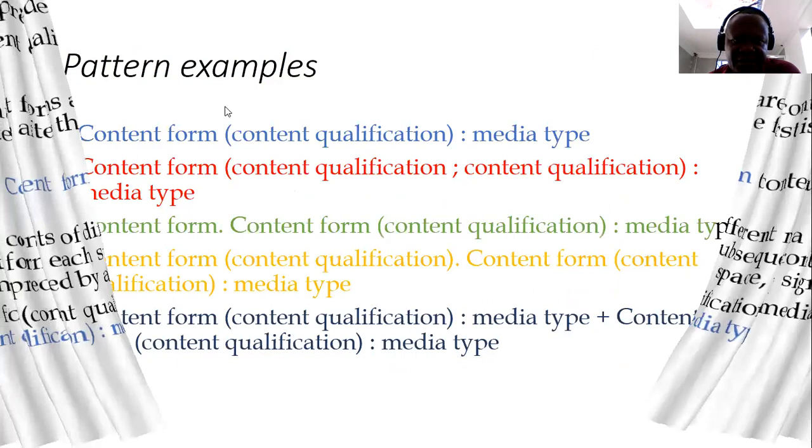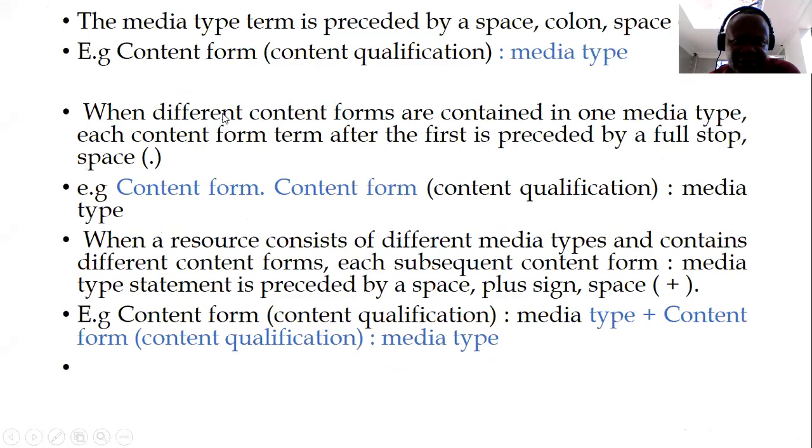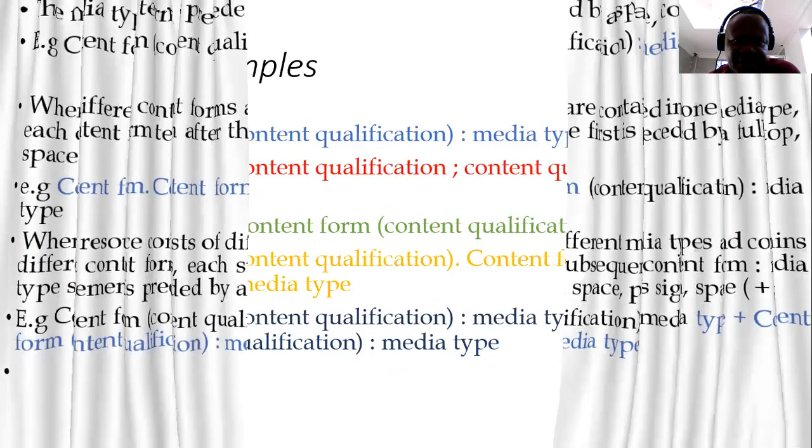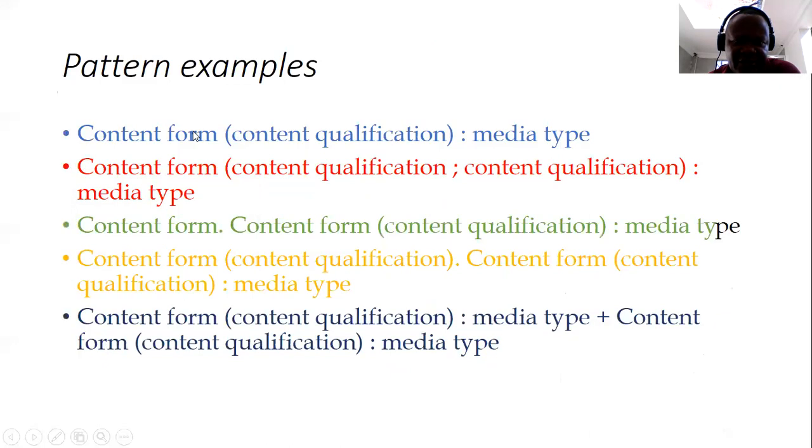And indeed, it is this slide of the patterns. We have content form as one of the elements in area O, content qualification, and then media type. So now we are on media type.